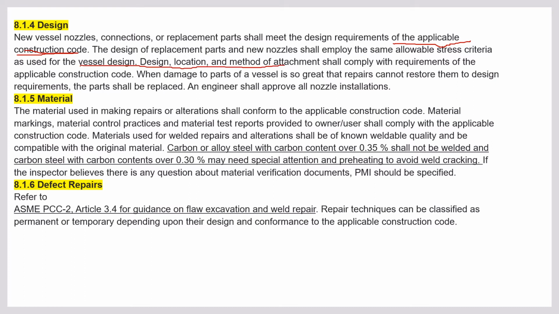Design, location and method of attachment shall comply with the requirements of the applicable construction code. So this will be approved by either the engineer or inspector. First, the design will be made by the repair organization. Then they will get it authorized by the inspector. Then this will be approved by the inspector or engineer. Then what are the requirements of the design? That's what it is mentioning.